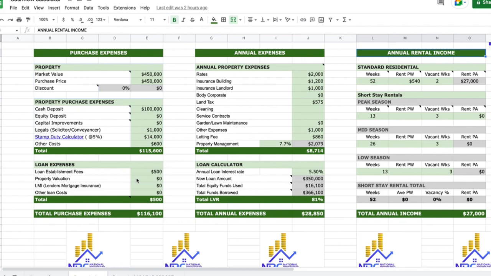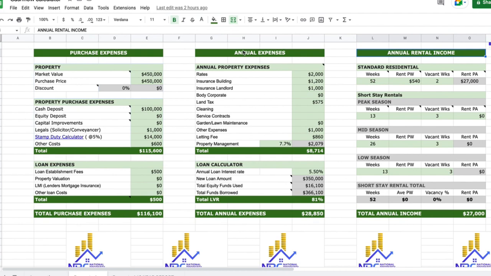It could be the building and pest inspections, or it could be just the normal inspections for which you are paying the local agents or anybody else in that area to take a video of those properties and send it to you. So this is what the purchase expenses, or the capex, looks like for this property.